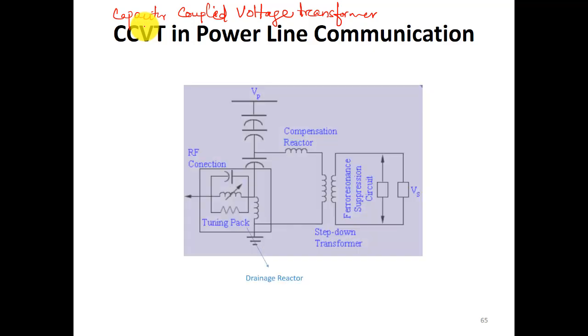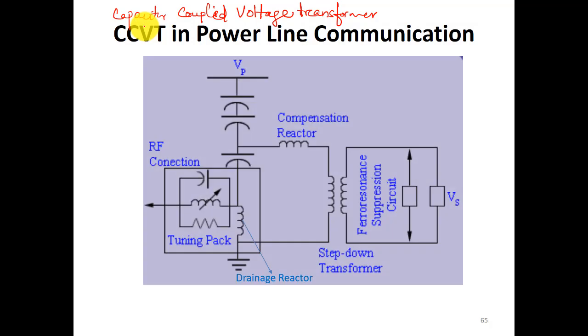So you can see here, this is one CCVT where we have three capacitances connected in series to make a potential divider. This is 1, 2, and this is 3, right? One of the capacitors is feeding the potential transformer.